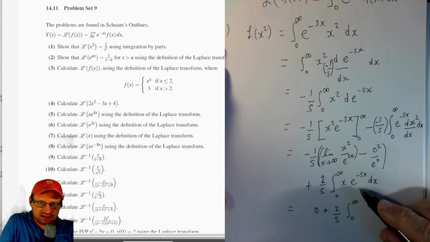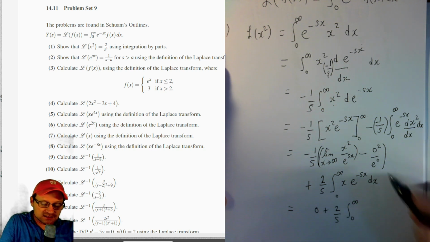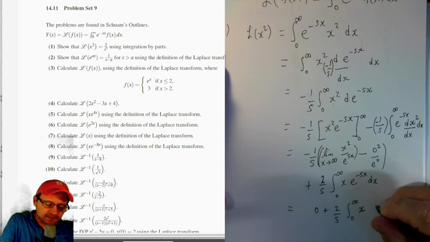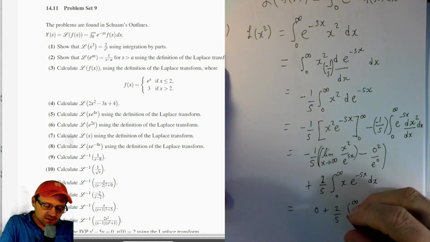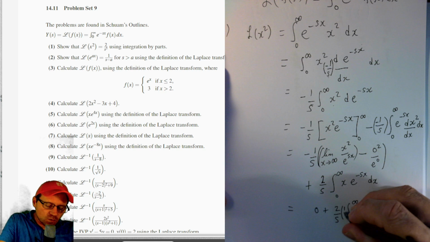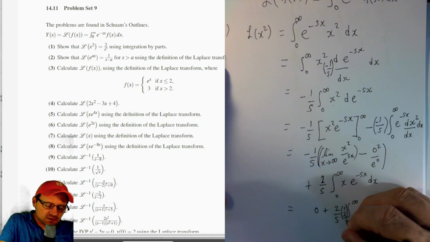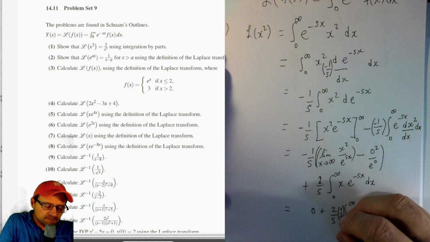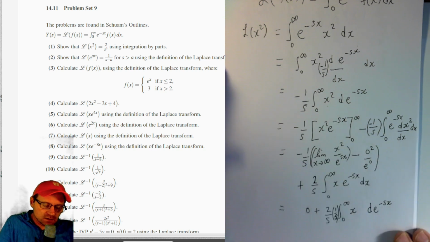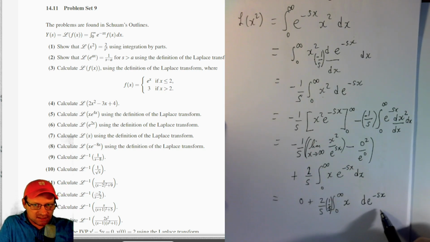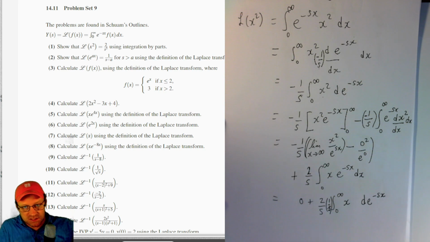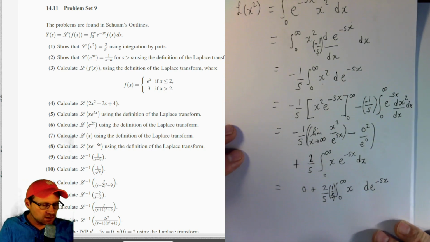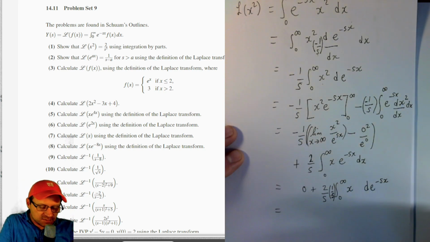Now again, let's trade this e to the minus sx in for a derivative. But to do that properly, we need to divide by the minus s. So out here, let's put that 1 on minus s. Okay, and then I've neglected to put the over dx because we're just going to get rid of those anyway.